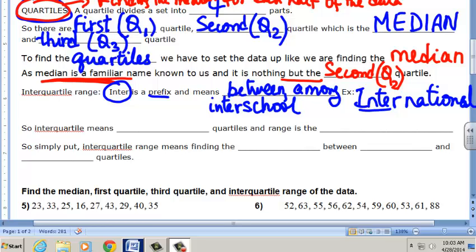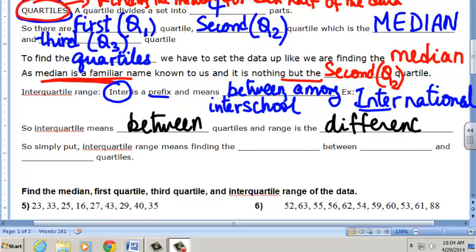Okay, so interquartile range means nothing but the between quartiles, and range is the difference. So interquartile range means difference between quartiles.